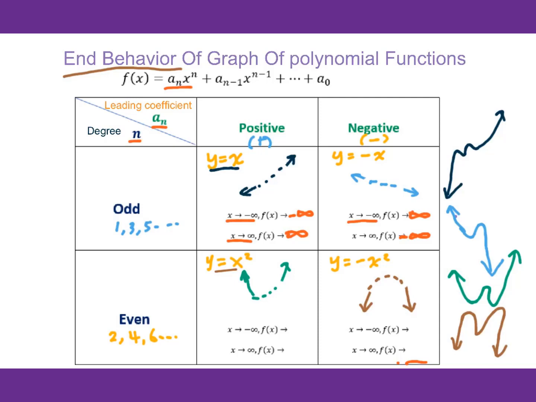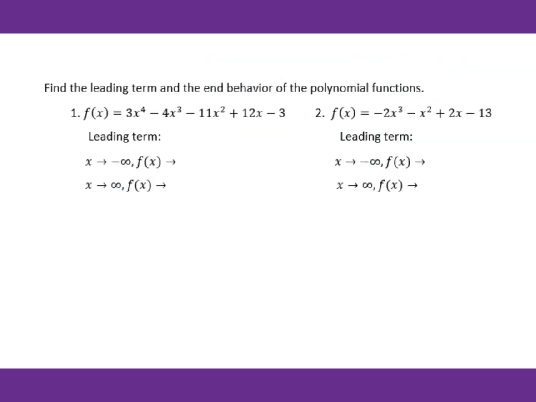For the pattern like y equals x squared, no matter whether x goes to positive or negative infinity, the graph will both go up, so f of x goes to positive infinity. For the graph like y equals negative x squared, the graph both goes down, so f of x goes to negative infinity, and here is negative infinity. Now let's go to some practice.